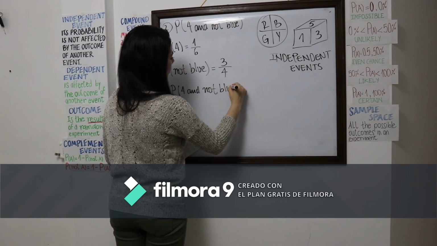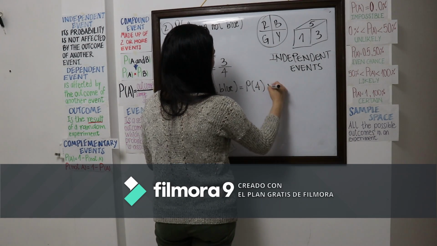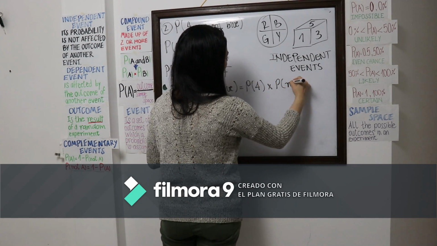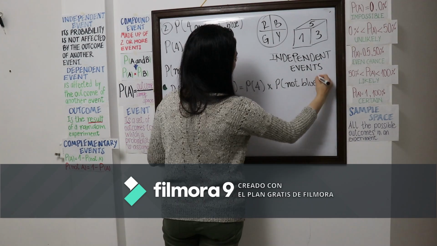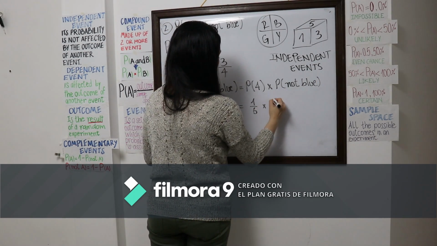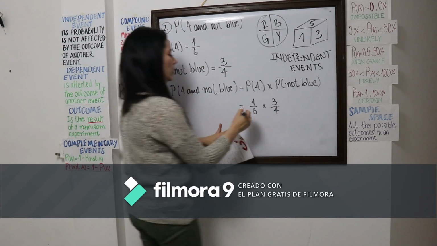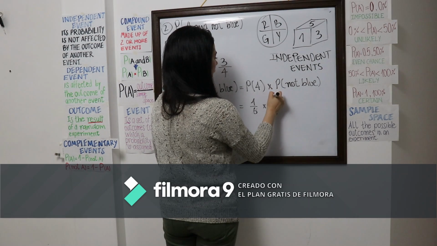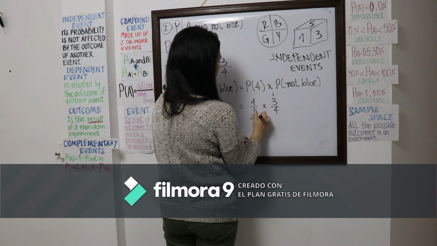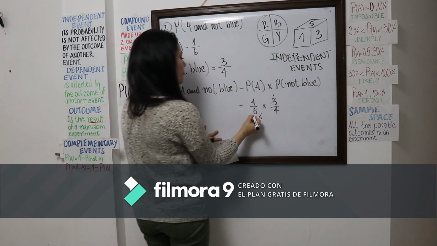Then, of course, we know we're going to get the probability of 4 and not blue. So we need to multiply the experiments. So that is the probability of 4 times the probability of not getting blue. And that is going to be 1/6 times 3/4. Now, you know, we can simplify that multiplication of fractions. So here I get 1 and here I get 2 times 3. So that's why the 3 gets canceled.